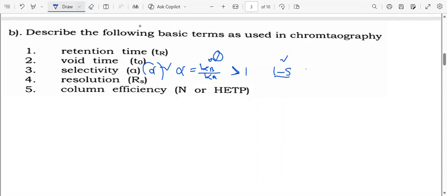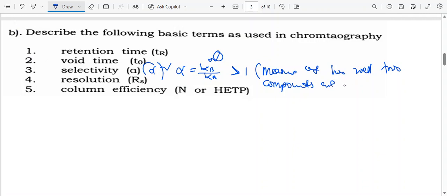We are saying this selectivity is a measure of how well two compounds are separated.